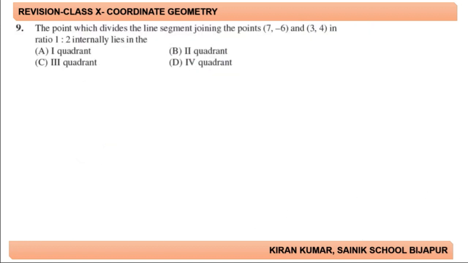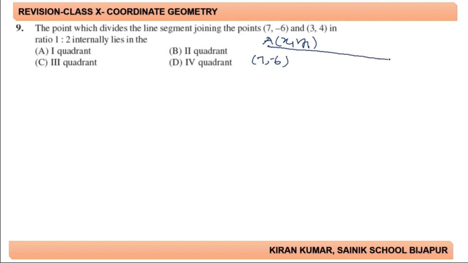Question number 9. The point which divides the line segment joining the points (7, minus 6) and (3, 4) in the ratio 1:2 internally lies in the, we need to find out the coordinates of the point which divides the line joining these two points. Let me call this point A, which is (x1, y1) having the coordinates (7, minus 6).